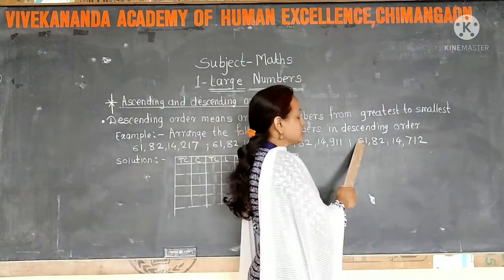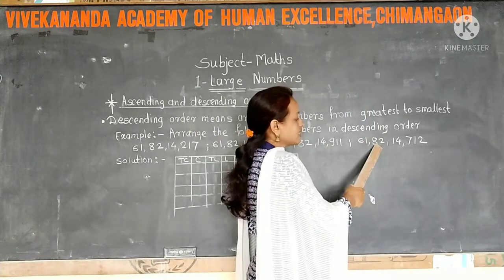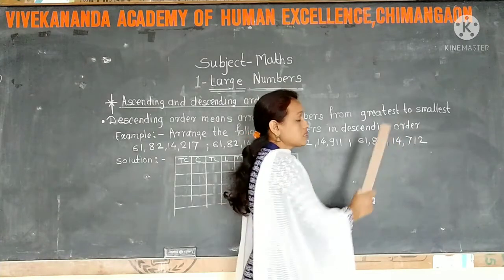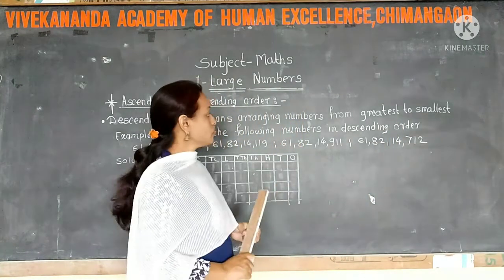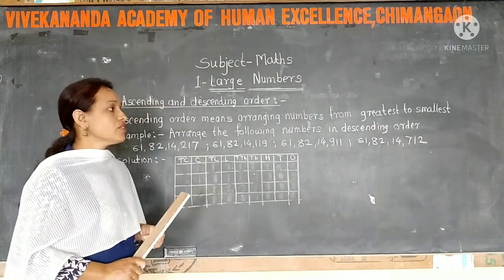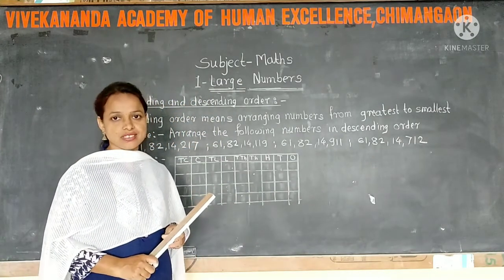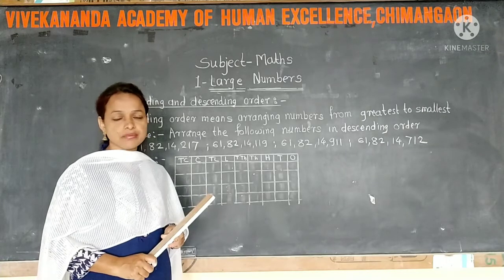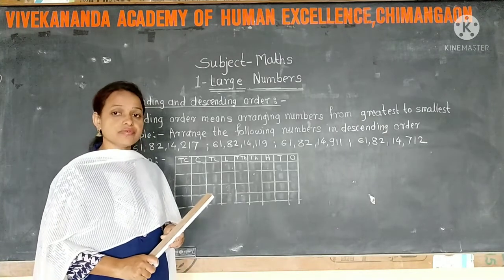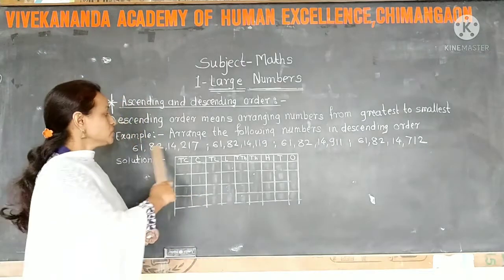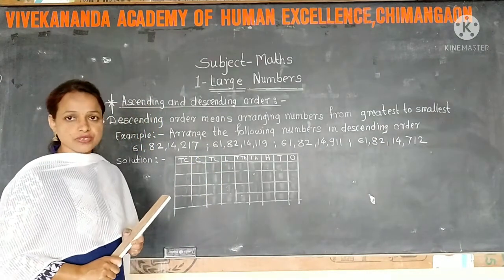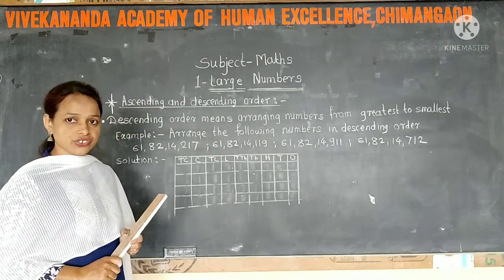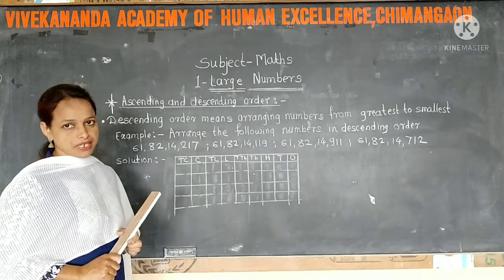And fourth number 61 crore 82 lakh 14,712. So these are the 4 numbers. Now we have to arrange these numbers from greatest to smallest. So how to get it? By comparing a given number. So first of all, we will write those 4 numbers in place value chart. So we will arrange a given digit of given number in place value chart.